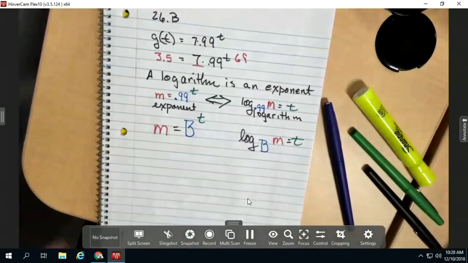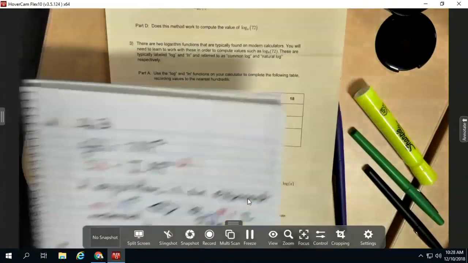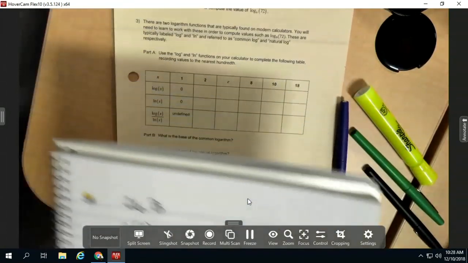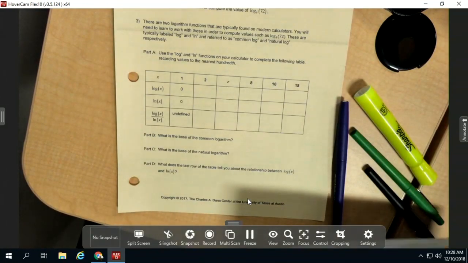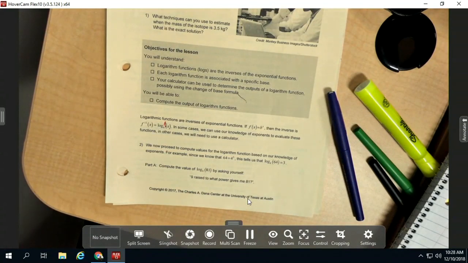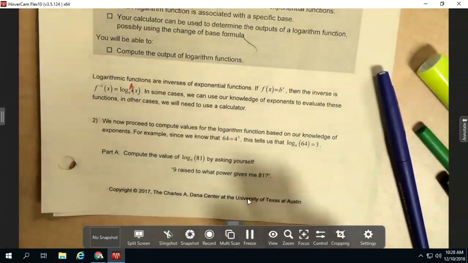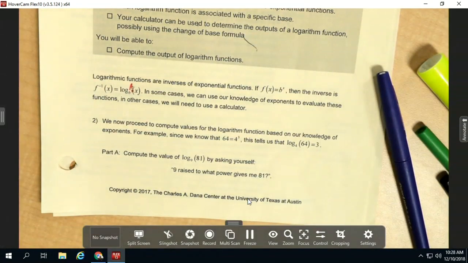Next page. Where were we? Oh, here we go. We have to do these. They get us into a different thing so that we can do some practices. Let's say it says that 64 is 4 to the third.